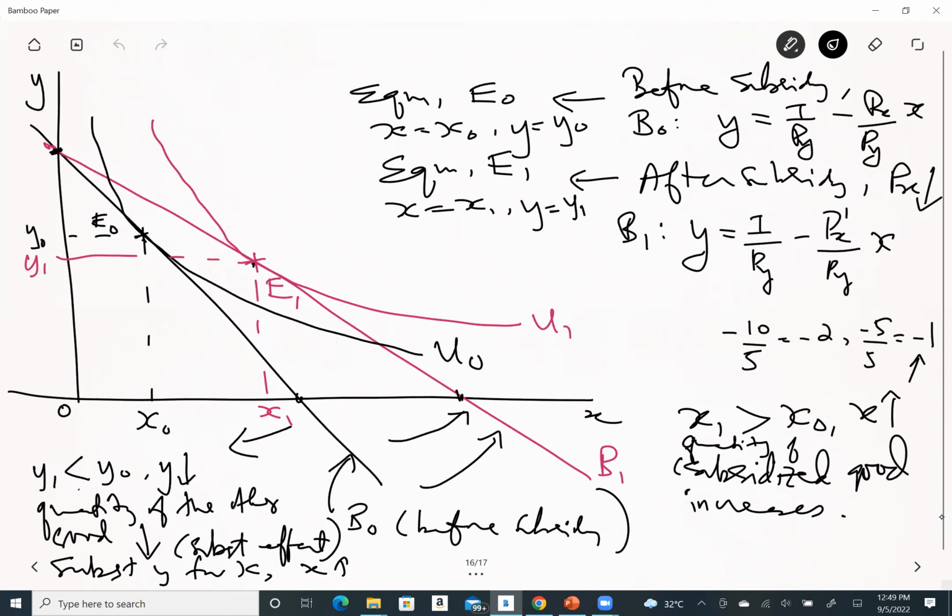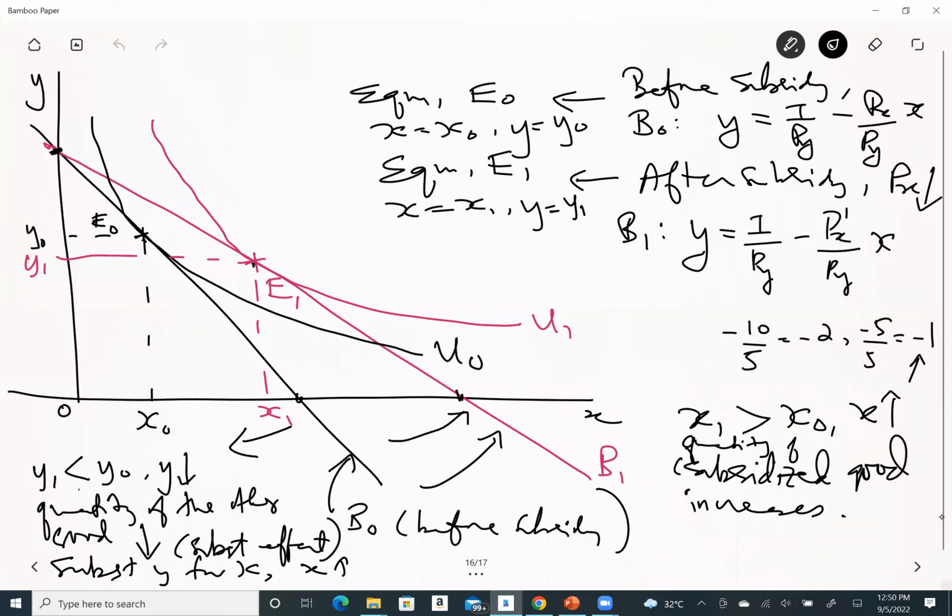Number 3. What is number 3? Just from the diagram. You don't have to look any further than the diagram. You compare the equilibrium E0, compare equilibrium E1.